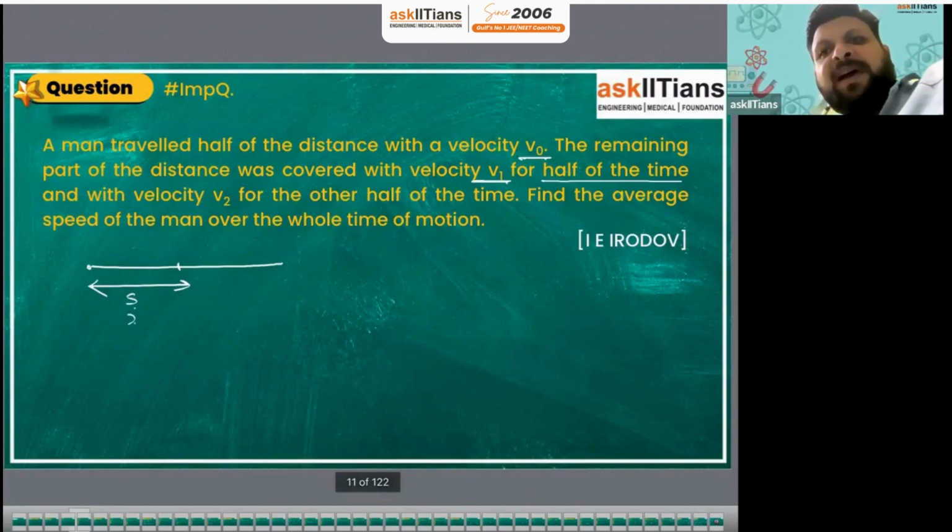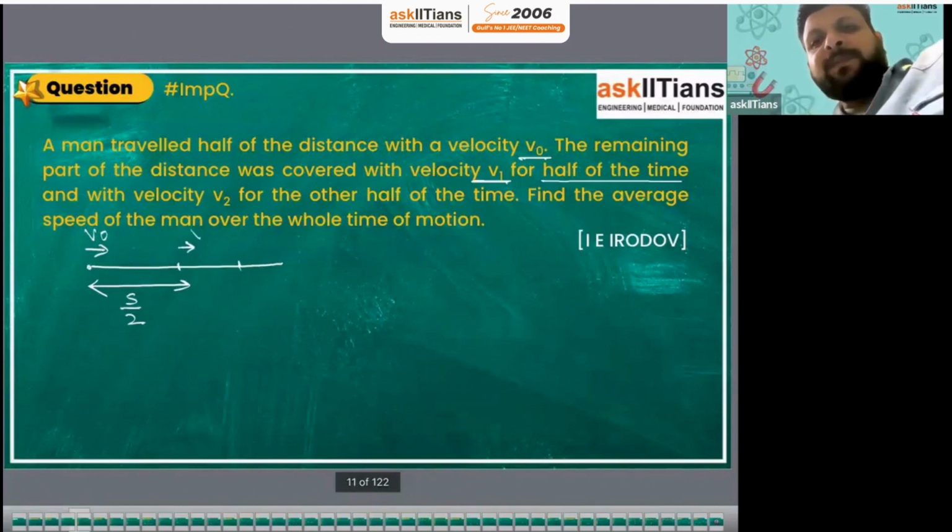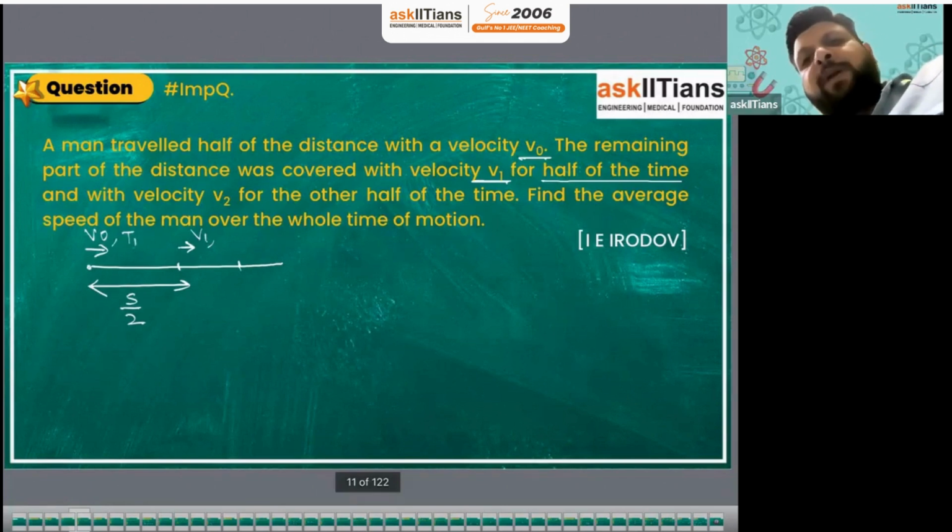Distance is S by 2. Here velocity is v0. Right? For the remaining half, velocity is v1. Suppose in the first half, time taken is t1. For the remaining half, time taken will be t2.